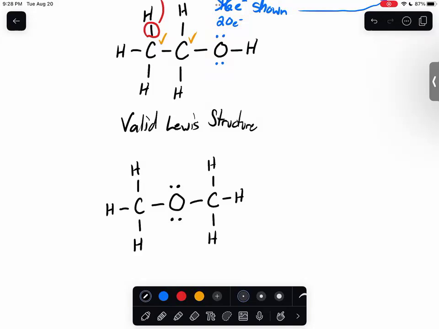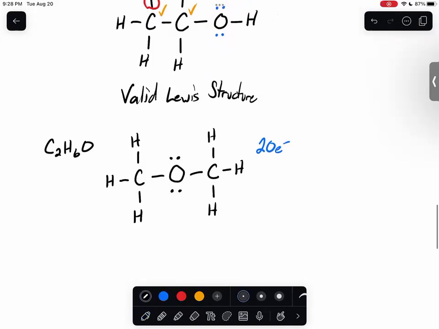And we see that, hey, this is also, if we count it up, C2H6O. And then if we do some quick counting, from our bonds, we have 2, 4, 6, 8, 10, 12, 14, 16 electrons. And then those lone pairs make up the last four. There are also 20 electrons here.